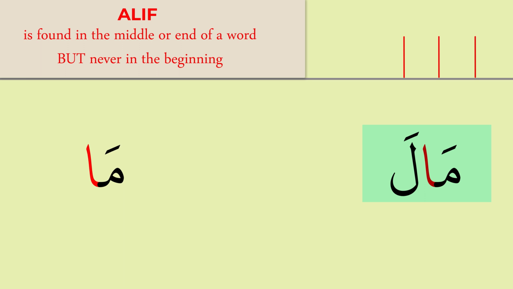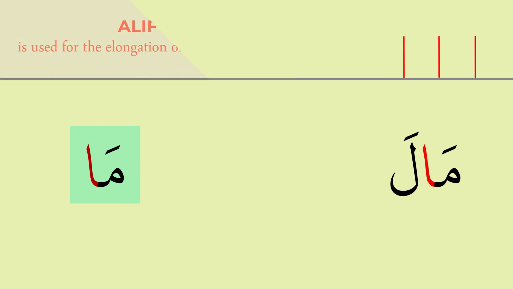So here it's located in the middle of a word. We could also have the ALIF at the end of a word. Example here is ma. Ma is actually used as a negation, like the word not.